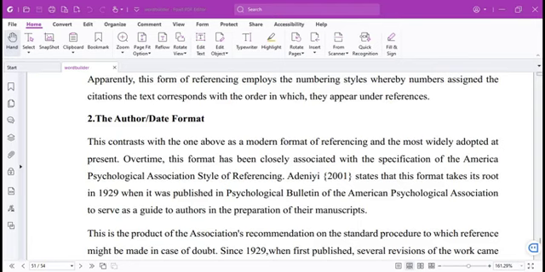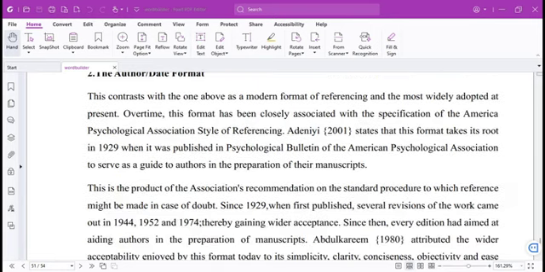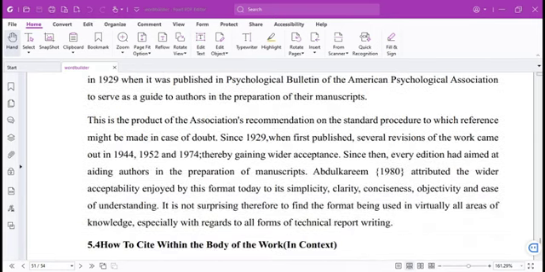Over time, this format has been closely associated with the specification of the American Psychological Association style of referencing. Adeni, 2001, said that this format takes its roots in 1929 when it was published in Psychological Bulletin of the American Psychological Association to serve as a guide to authors in the preparation of their manuscripts.